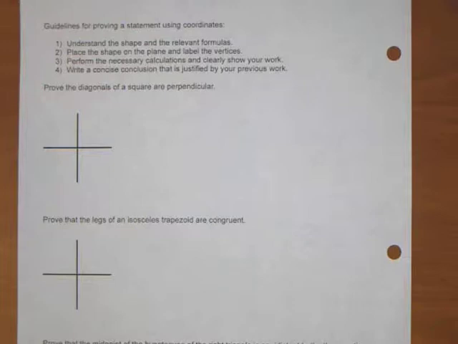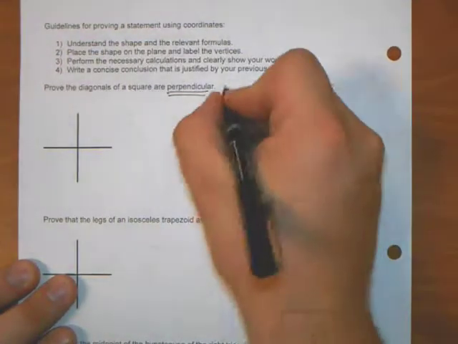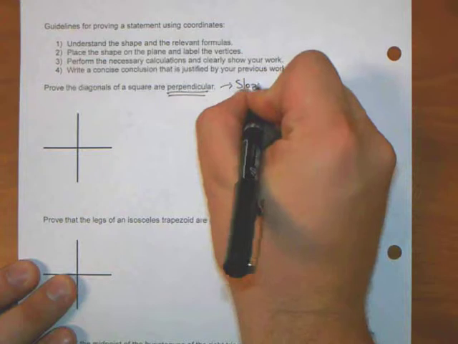First of all, know what the thing you're trying to prove is, and maybe know what the relevant formula is that you're going to use. In the case of the first one, prove the diagonals of a square are perpendicular. So first I've got a square, and what formula am I probably going to be working with? Trying to show something is perpendicular, that sounds a lot like slope to me.